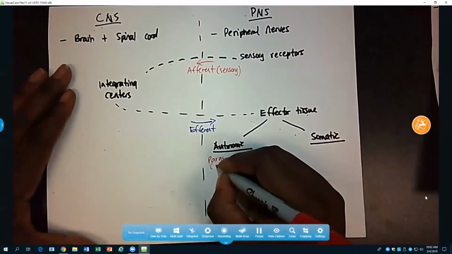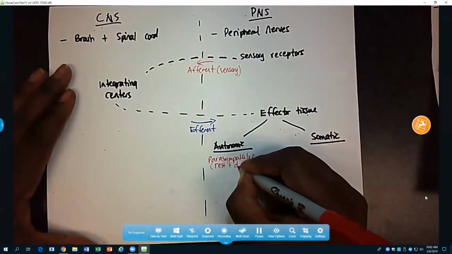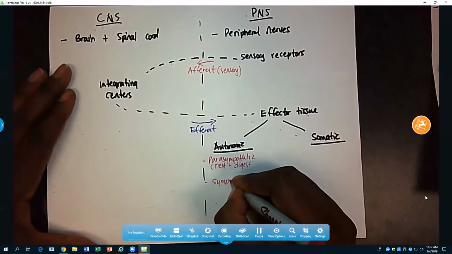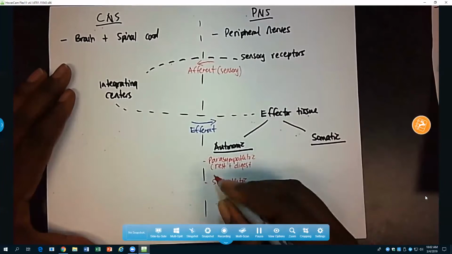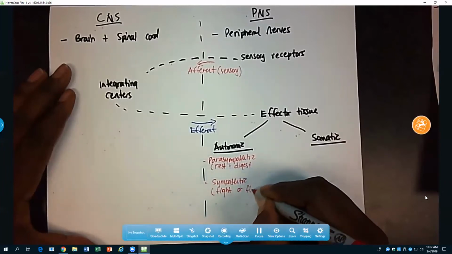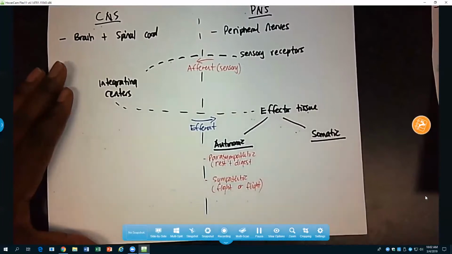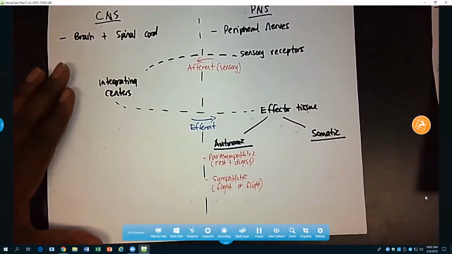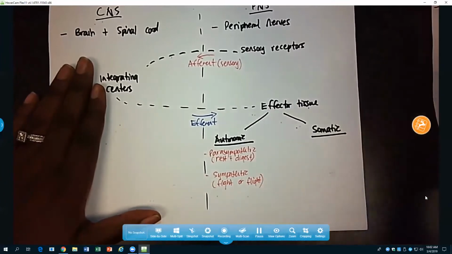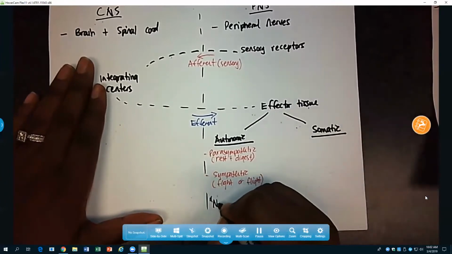Okay, we'll talk more about this, but this is rest and digest. There was also the sympathetic, which is fight or flight. Okay. And the name of this junction was the neuroeffector junction.